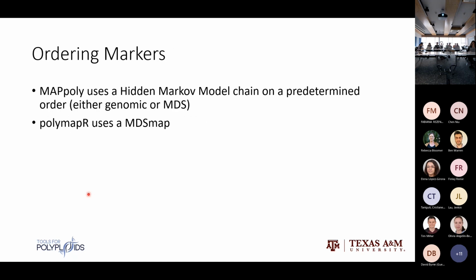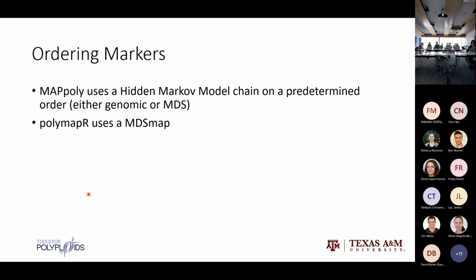So after grouping your markers into your linkage groups, then you need to order them. And the two programs use different methodologies. PolyMapR uses MDSMap, which is basically taking the information of your markers and their recombination fractions and almost plotting it on a 2D plane.